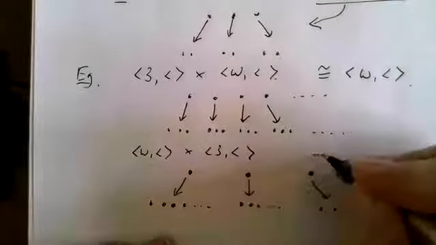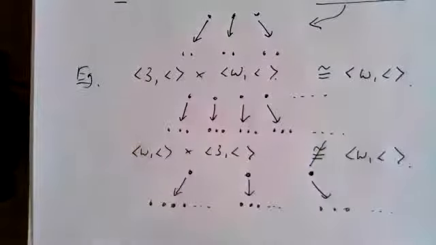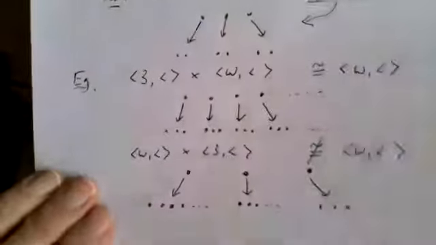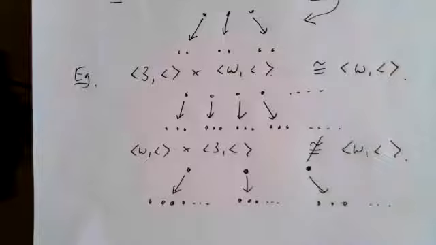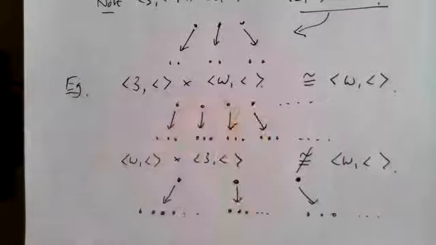So this here is not isomorphic to omega. So if our ordinal arithmetic is going to be anything like these pictures, we're not necessarily going to have commutativity. Right? 3 times omega is not omega times 3.